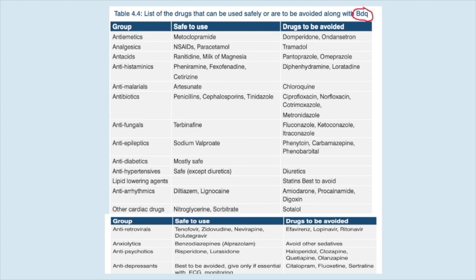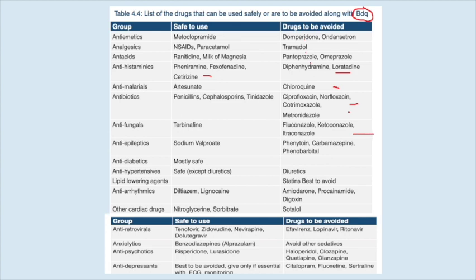Antiemetics, analgesics, even antacids are safe to use, but domperidone, tramadol, pantoprazole are to be avoided. We also have to avoid loratadine here, although we can give cetirizine as an antihistamine. Amongst antimalarials, chloroquine, and antibiotics like Ciplox, Norflox, cotrimoxazole, metronidazole are to be avoided.